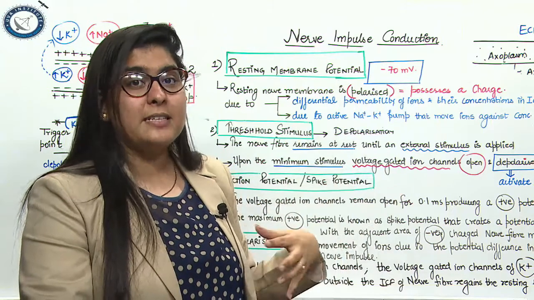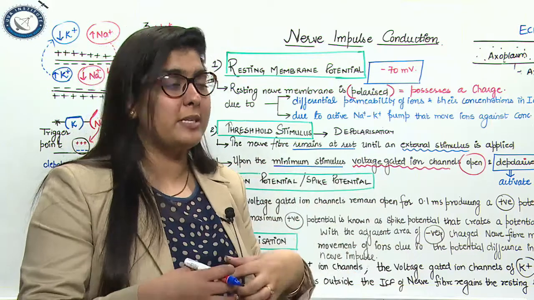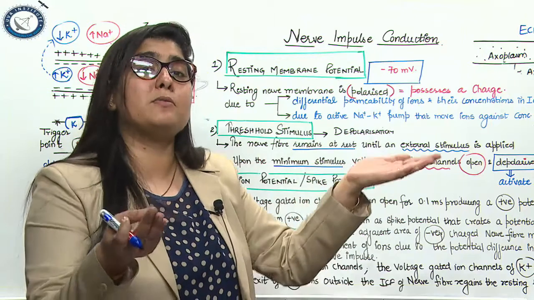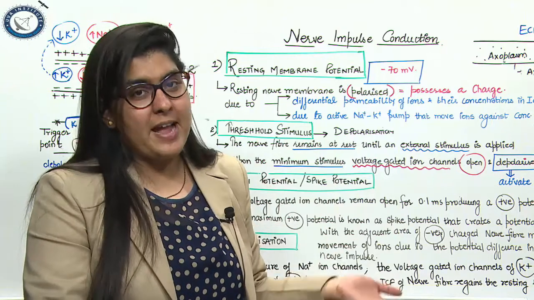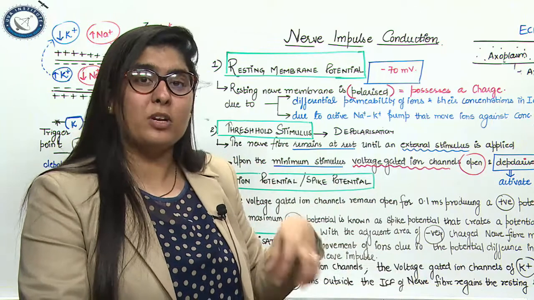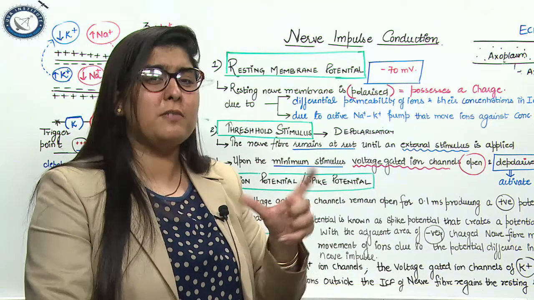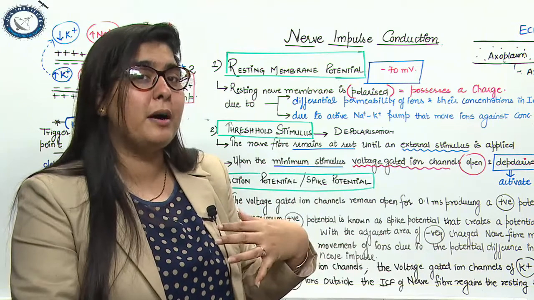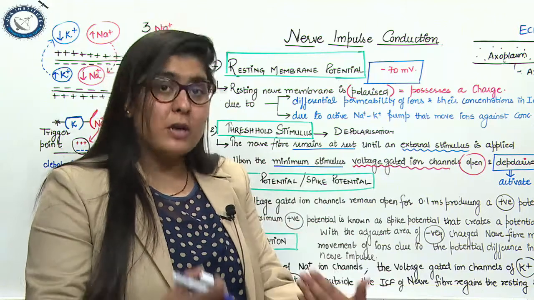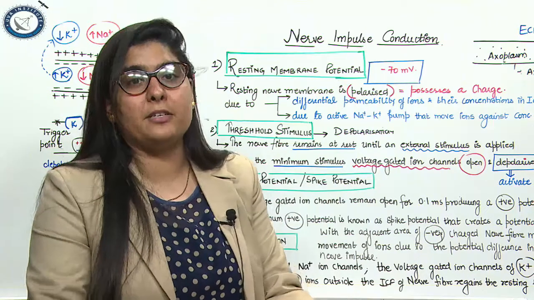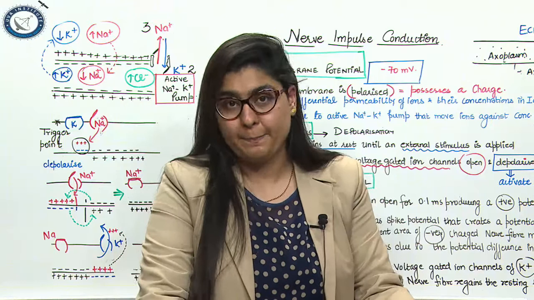So because of it, the concentration of potassium becomes more inside and concentration of sodium becomes more outside. And chloride is very immovable, so it becomes more concentrated inside. So this differential movement from out to in and in to out creates a more negative potential inside the nerve, contributing to the negative membrane potential of a resting nerve cell.